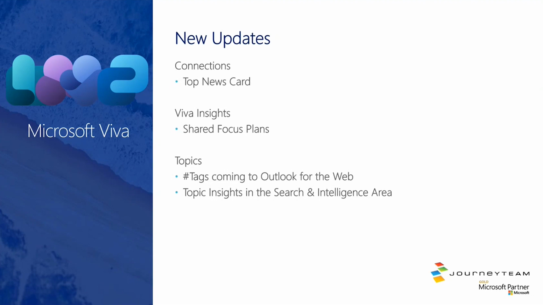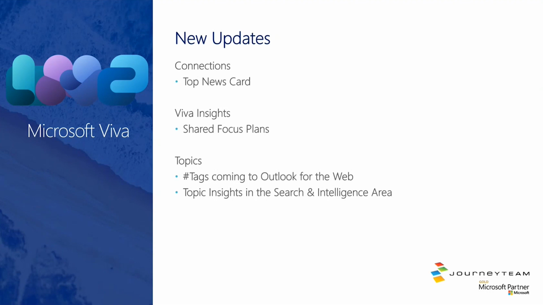By utilizing hashtags within Outlook for the web, if I do a hashtag and then I type, I'll get a prompt and I can view or select a Viva topic based upon the hashtag that I just created. And it will make that hashtag a hyperlink for the other recipients, and they can mouse over and get the topic card summary and then ultimately navigate to the topic card itself.